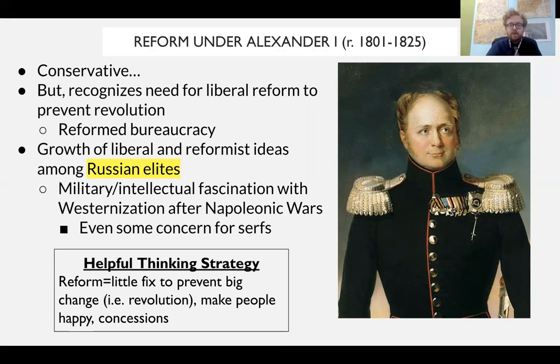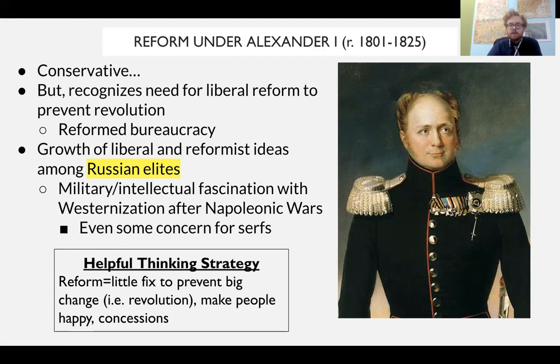So Alexander is going to initiate a lot of liberal reforms. He will create a bureaucracy in Russia made up of people who have earned their merit. This is going to very much favor the development of a Russian middle class.